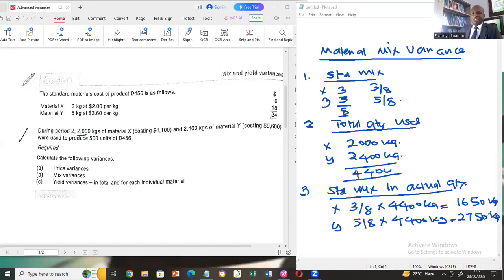After we are done with that, we can now go to the table. We need to make a table, and the table should be as follows. So this part we are done.